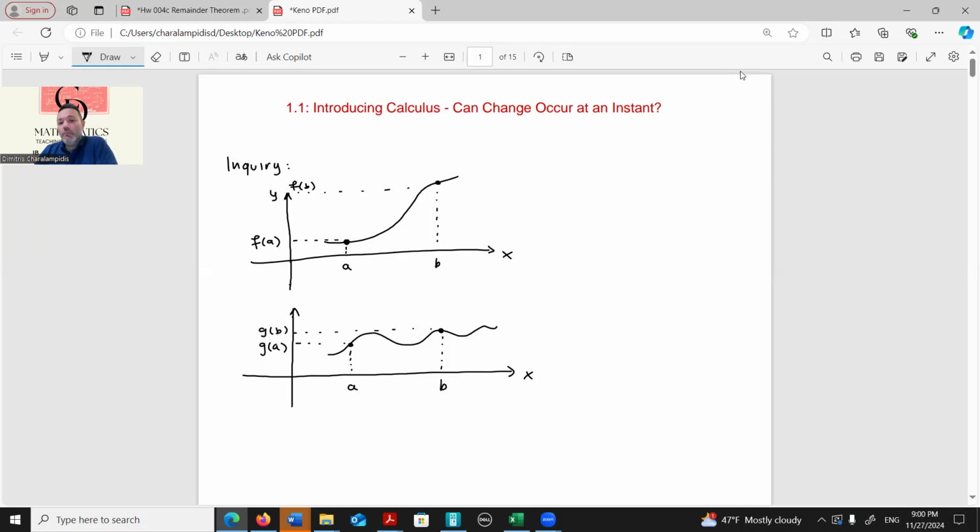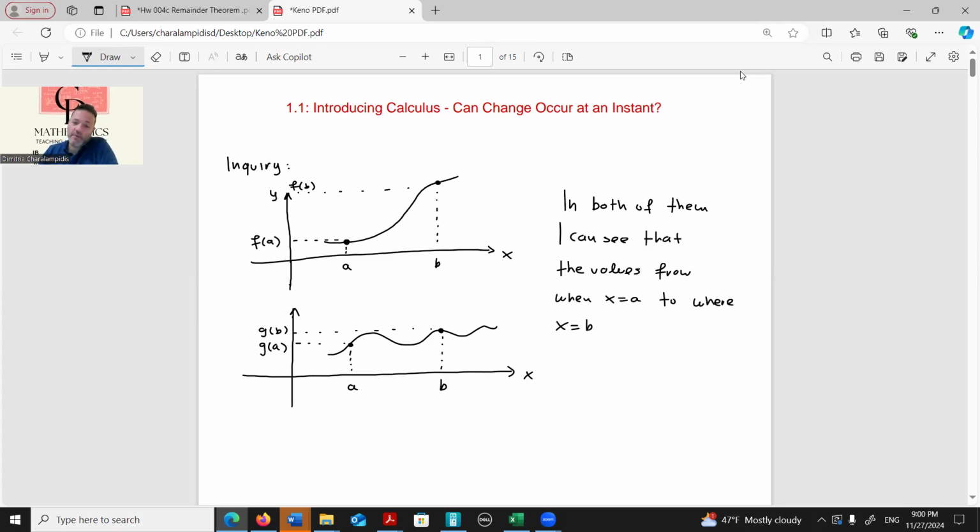Now, in both of them, I can see that the values from when x is a to where x is b increase, both in the top graph, which refers to the graph of f, and in the bottom graph, which refers to the graph of a second function g.